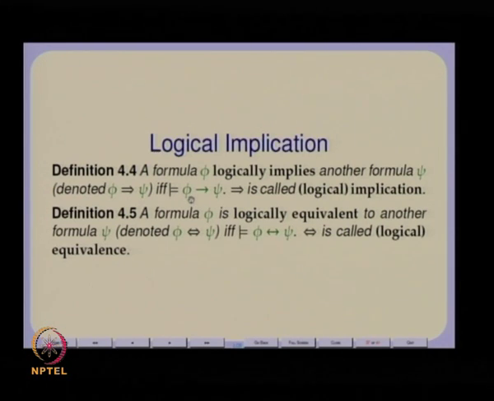Just less than or equal to dot essentially says phi logically implies psi if and only if phi is no more true than psi. The truth of phi is always less than or equal to the truth of psi. The less than or equal to dot also says that false is less than true.